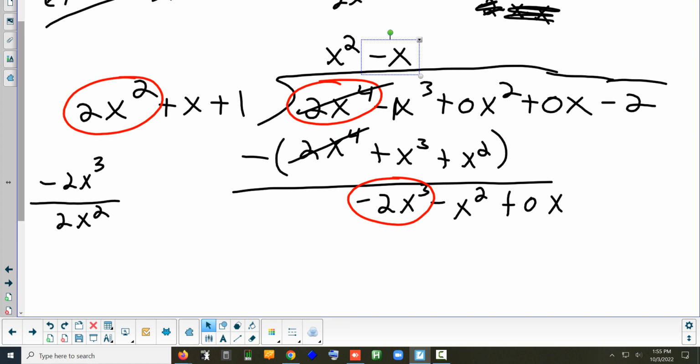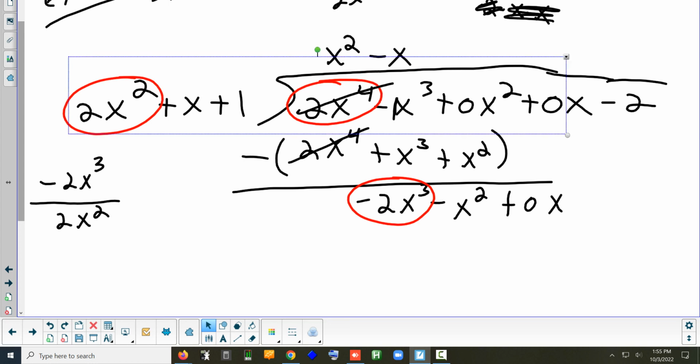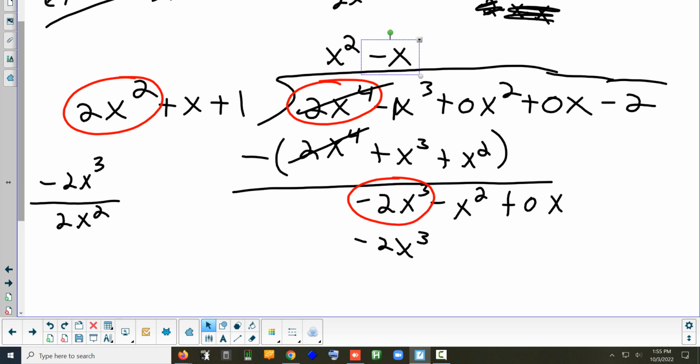And Dominic, what's negative x times 2x squared? Yep. 2x cubed. And how about negative x times positive x? Negative x squared. And the last one is negative x times 1, which is negative x.